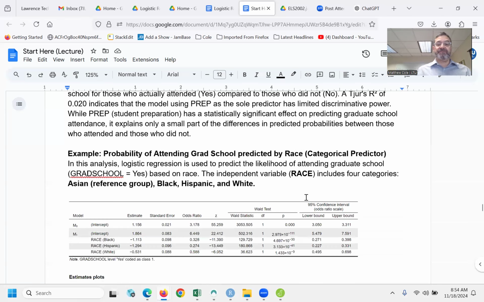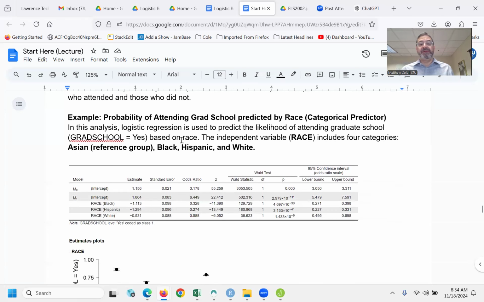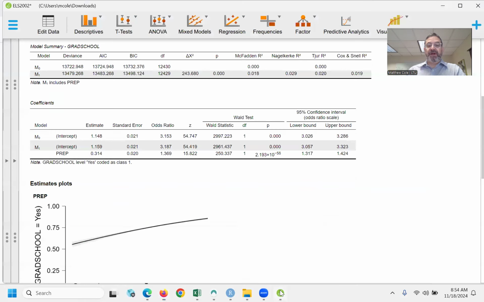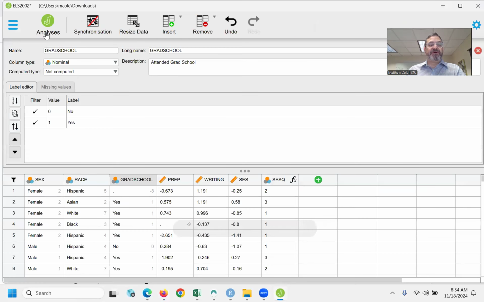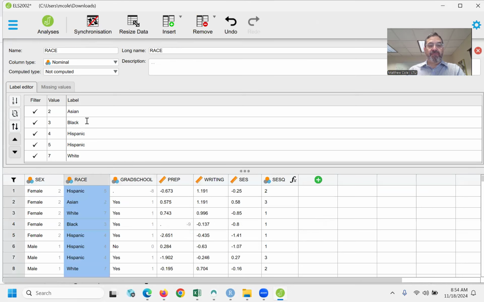All right. Let's take a look at something that's a little more complicated when we have a categorical variable that has multiple categories. So in this case, let's look at race. So race, the first class in the order, whatever order we put it in, we can reorder them. But the first class is Asian, so that's going to be the reference class.